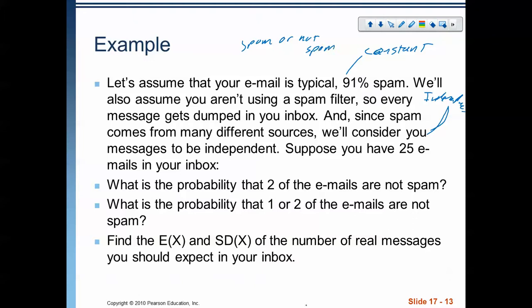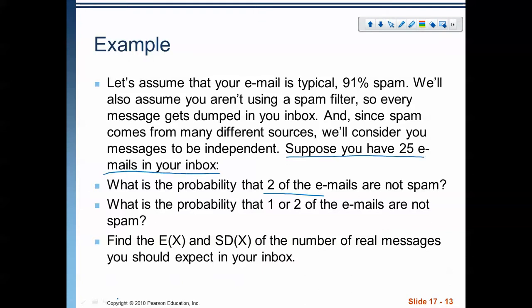So basically in the question stem here, they told us yes, we can use Bernoulli trials, because those are our three things for Bernoulli trials. What is the probability that 2 of the emails are not spam? Notice that they tell us we have 25 emails in our inbox. This is a fixed number of trials.